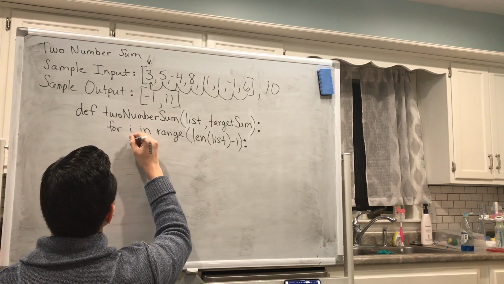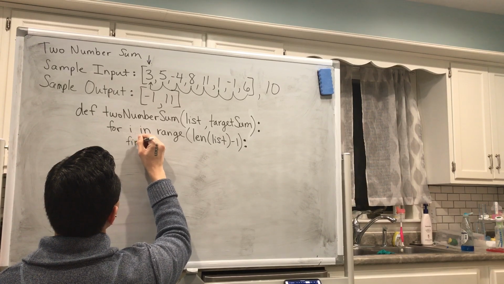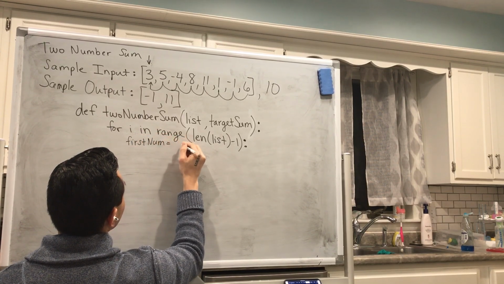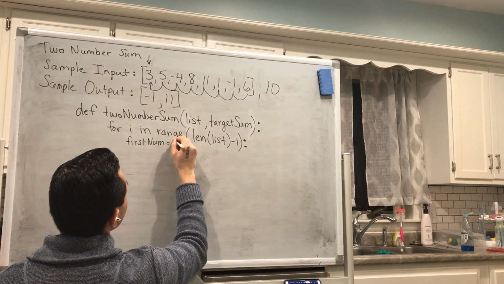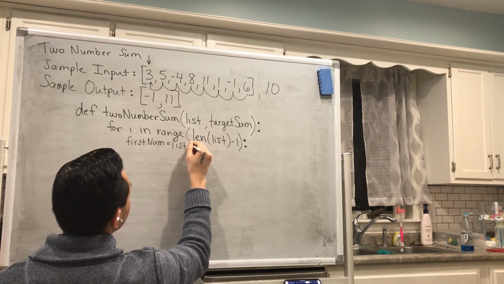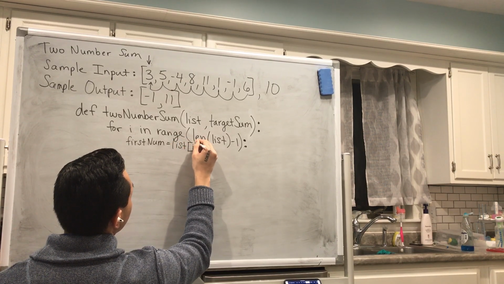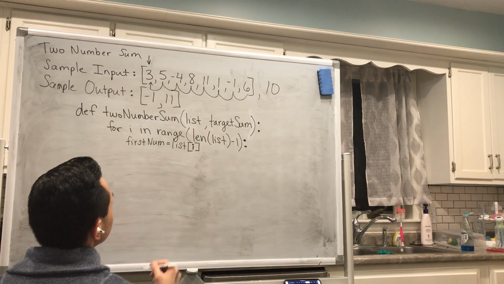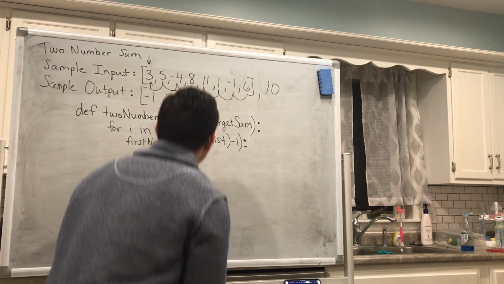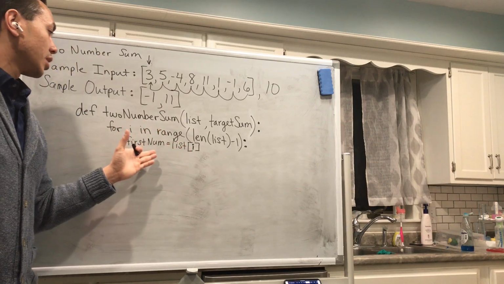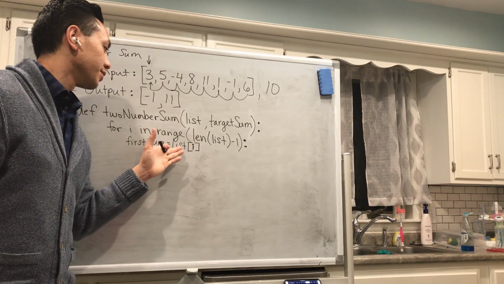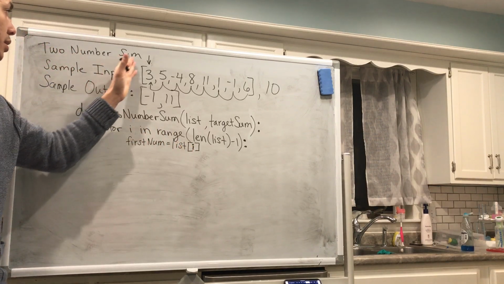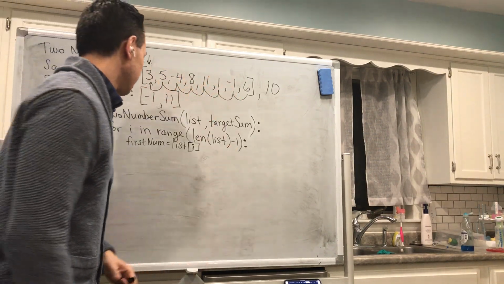Okay, so let's call it first num, and we're just going to set it equal to list at the index of I. I hope you can see that. Sorry, I wrote it kind of small. All right, so first num is the value of the list at the index of I, which is going to be iterating right through there.